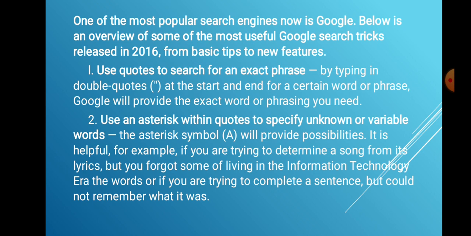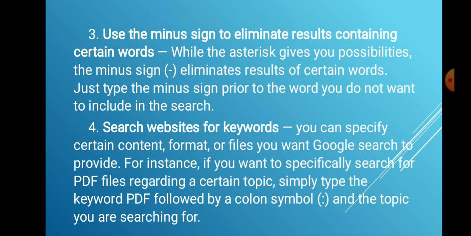Use an asterisk within quotes to specify unknown or variable words. The asterisk symbol will provide possibilities. It is helpful, for example, if you are trying to determine a song from its lyrics but you forget some of the words, or if you are trying to complete a sentence but could not remember what it was.